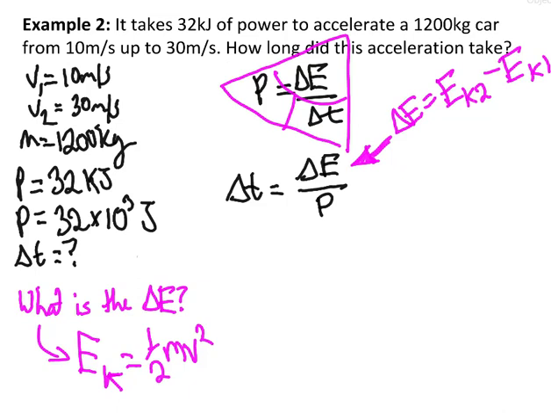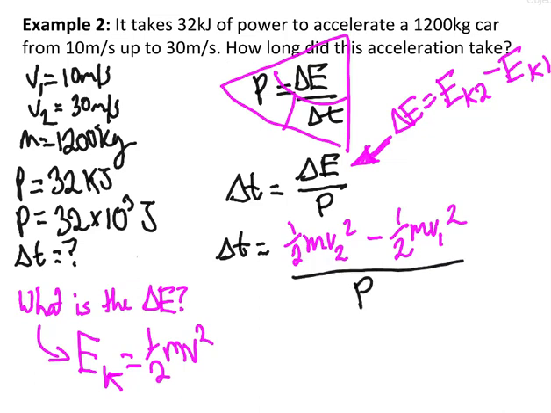So let's try plugging that in. So we have delta T is going to be EK2, so that's a half mv2 squared, minus EK1, that's a half mv1 squared, and all of this is over P.